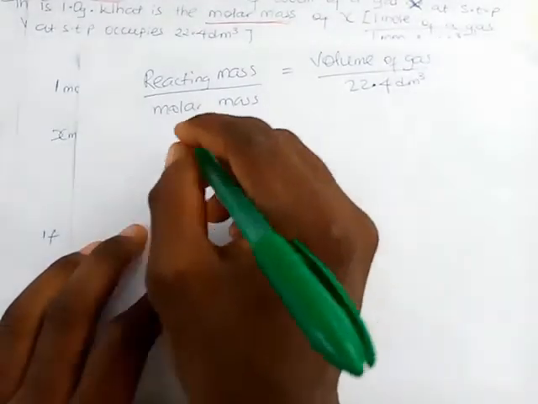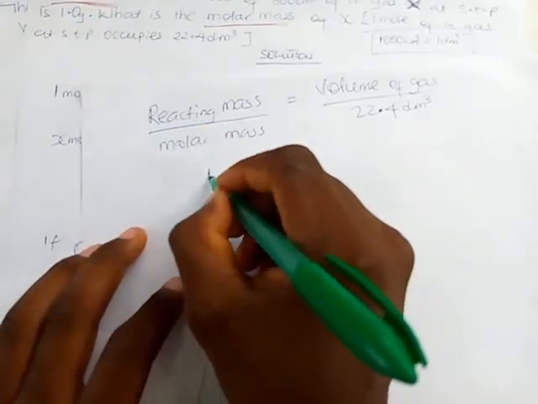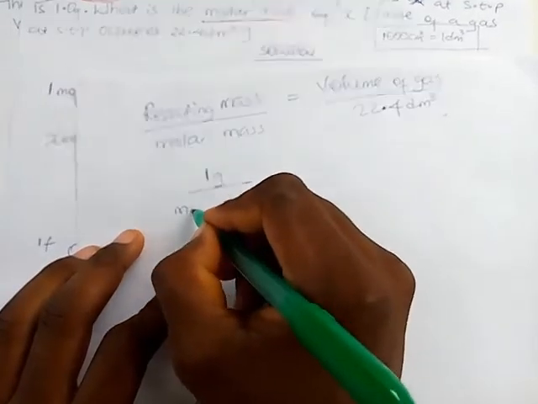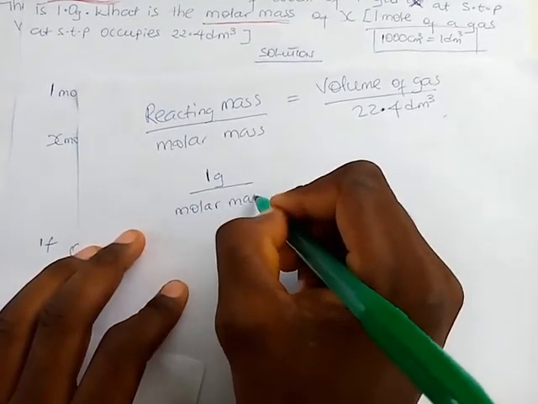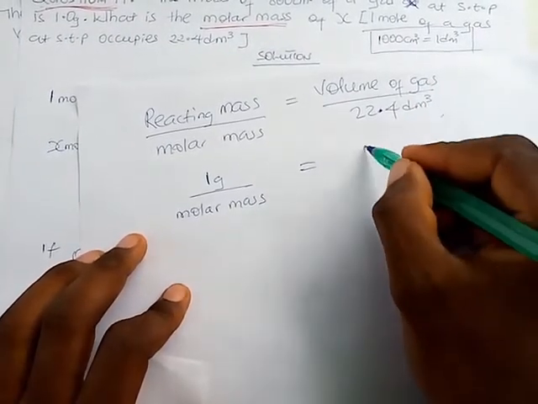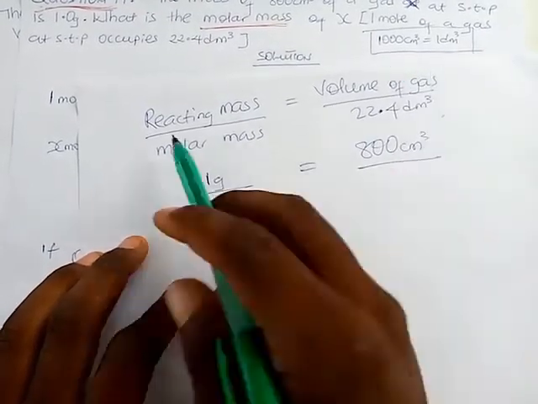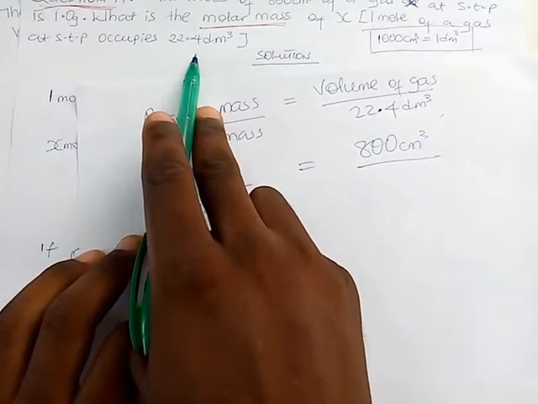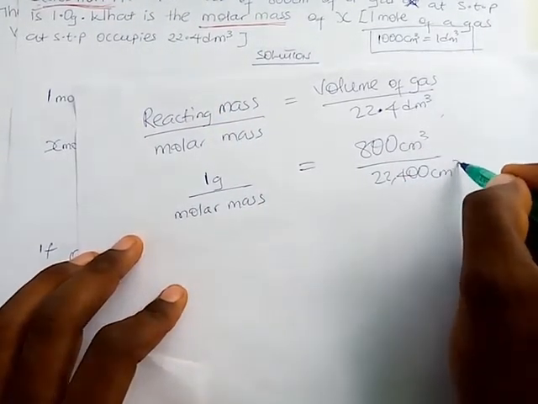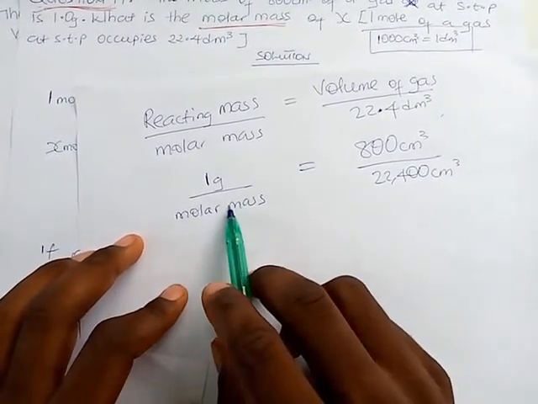So therefore, from the equation, the reacting mass is 1 gram. The molar mass is unknown. Molar mass is equals to the volume of the gas in centimeter cube, which is 800 cm cube, over either 22.4 dm cube or 22,400 cm cube.